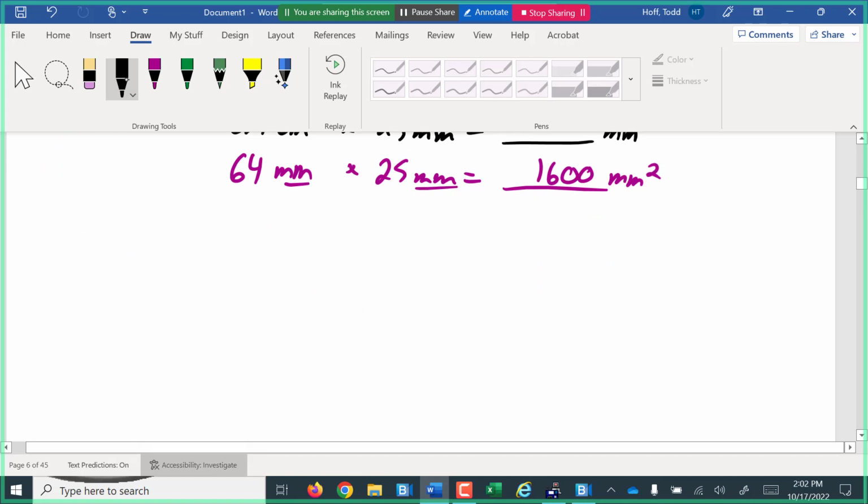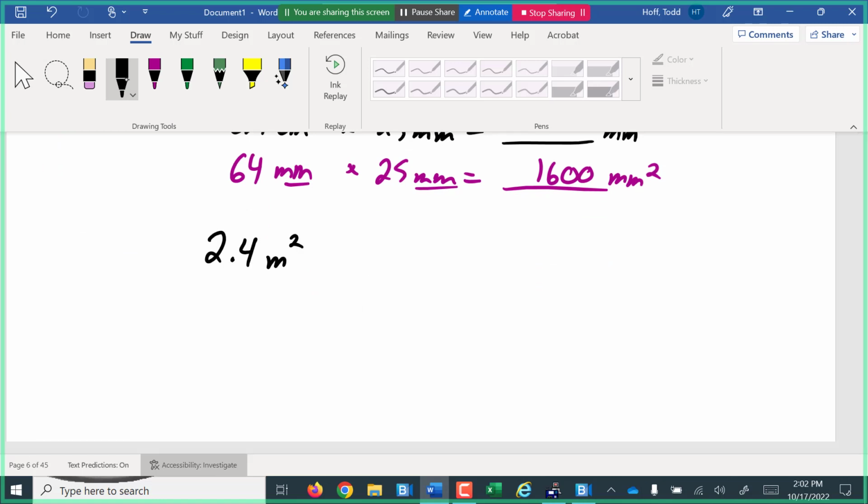Or we might have 2.4 square meters divided by 60 centimeters. And let's say I want my answer to be in, let's go in meters. So I have to convert the centimeters into meters.